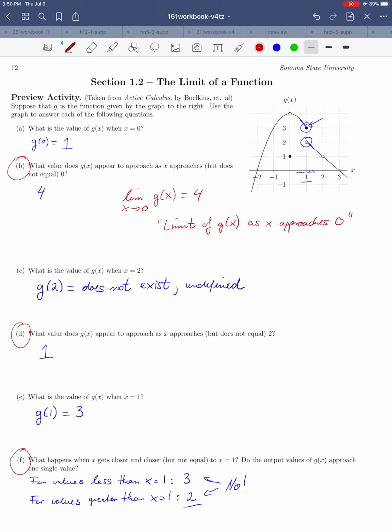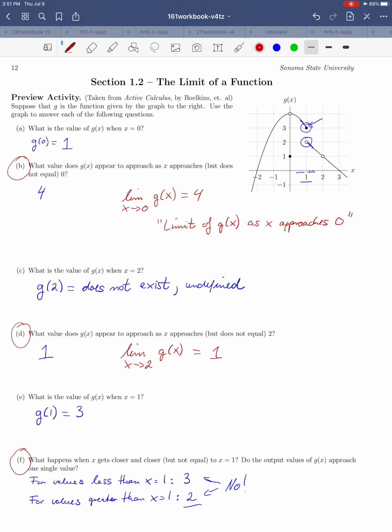In part D, we did something very similar. We computed the limit as x approaches 2 of g of x. So I actually said it slightly different. The limit as x approaches 2 of g of x. And we found that to be equal to 1.